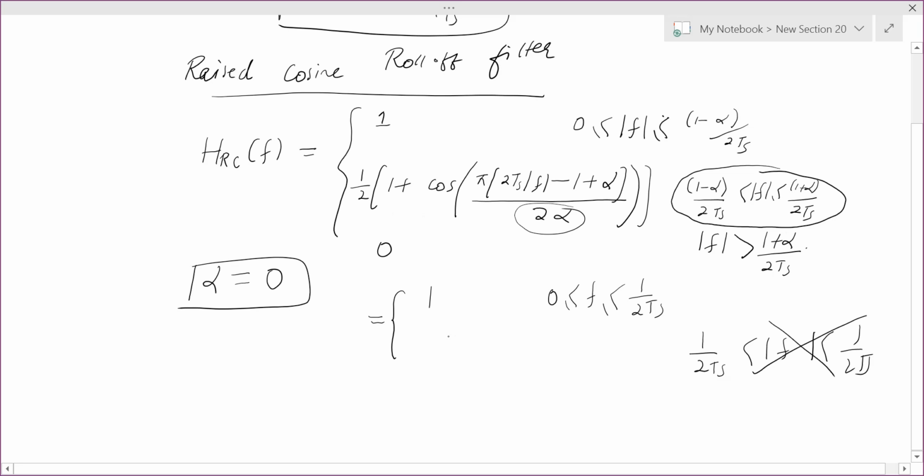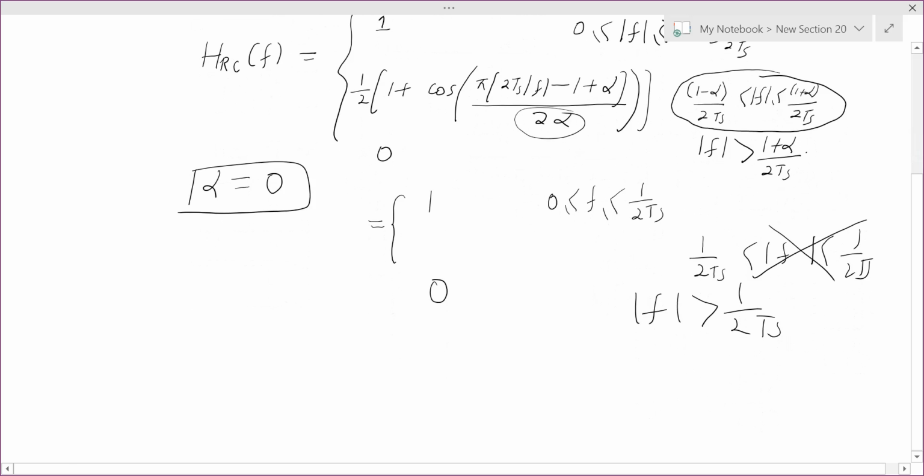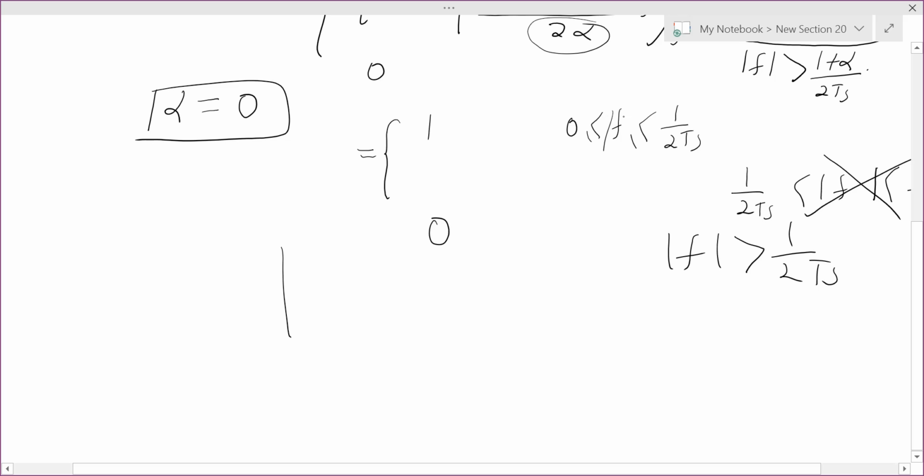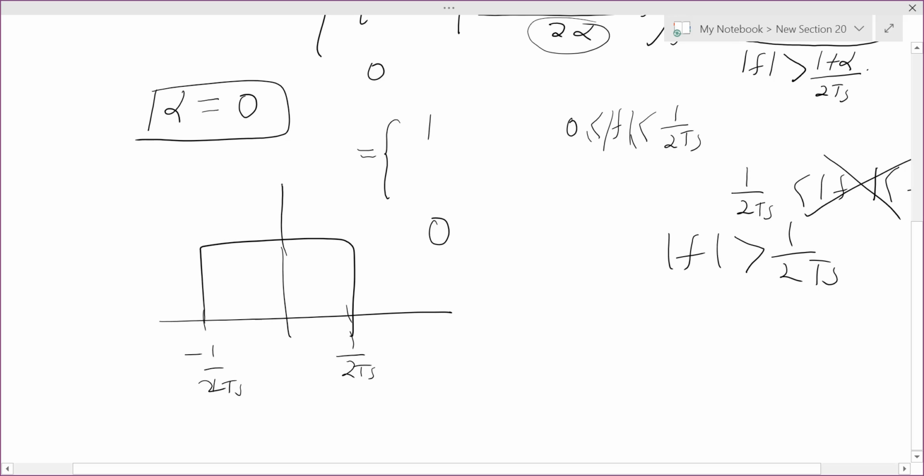This term will disappear, and then it will be 0 for mod f greater than 1 over 2Ts. If you plot it, this is mod f, from minus 1 over 2Ts to 1 over 2Ts, it becomes a rectangular function.